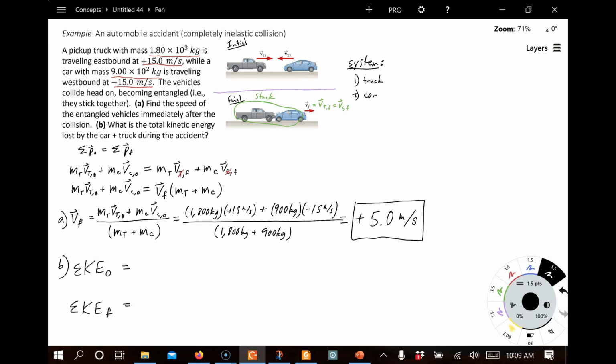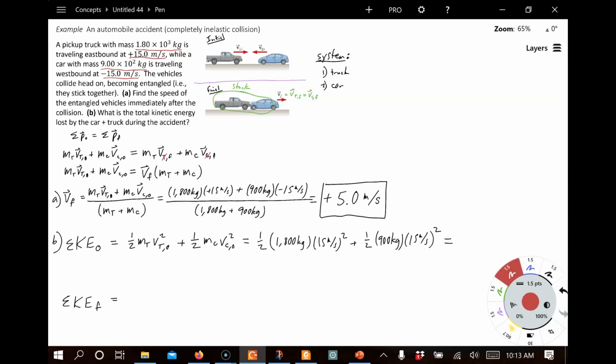So initially we've got 1/2 times the mass of the truck times the speed of the truck. In this case, it is a speed initial, since kinetic energy only depends on speed. And then we have to add that for the other object in our system, the car. And so we'll plug those numbers in.